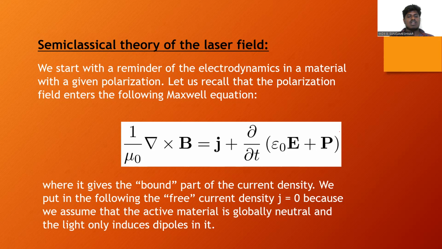We put the free current density J equal to 0 because we assume that the active material is globally neutral and light only induces dipoles in it.